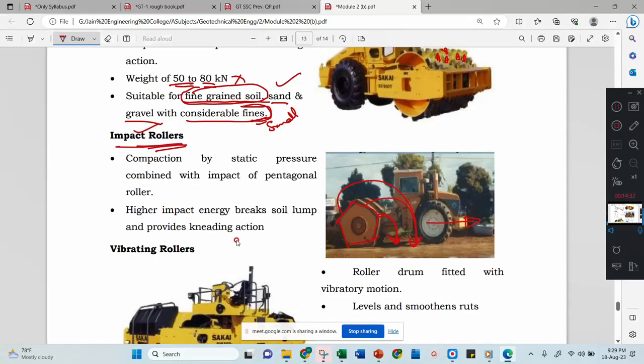Compaction by static pressure combined with impact, both are given by pentagonal rollers. Not only pentagon, you can use hexagon also depending on the site. High compaction energy breaks the soil lumps and provides kneading action. Kneading action means pressing and forwarding, pressing and forwarding.